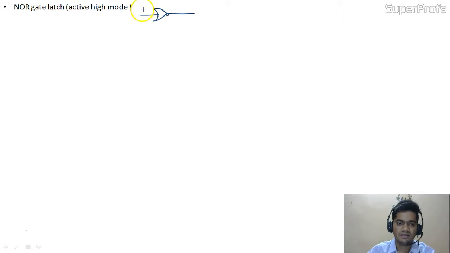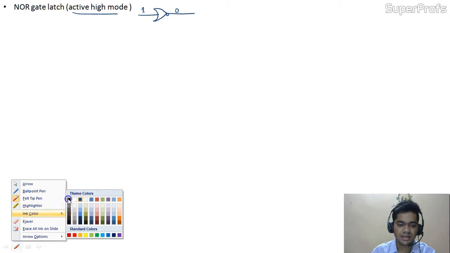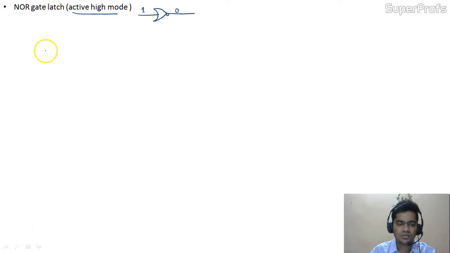So when we give a logic level high, the output would always be 0. So we can say that we are activating this NOR gate by giving an active high mode. So for NOR gate latch, we are drawing the circuit and writing its truth table. So just write its logic circuit and truth table. The rest of the functioning and the working would be same as the NAND gate latch.